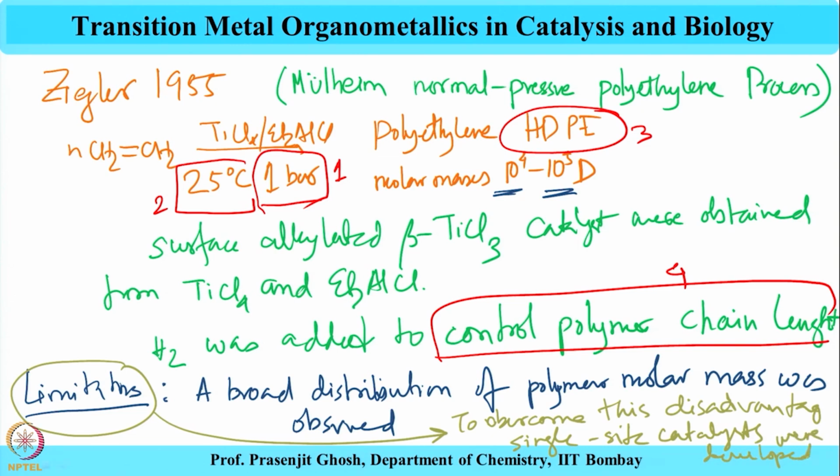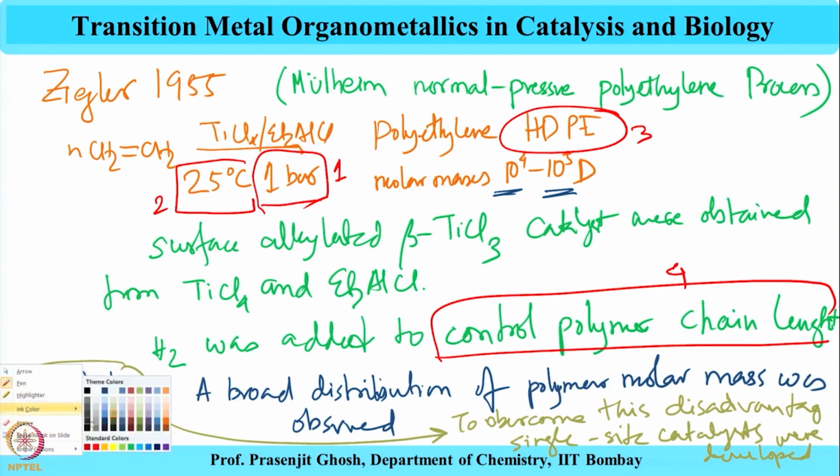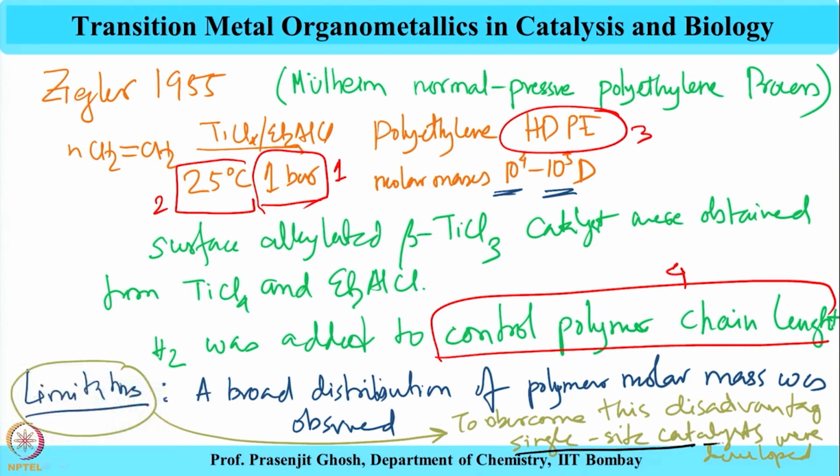And these single site catalysts would give a narrow distribution of molecular weight, and so they would give a purer, more narrow and well behaved type of polymer molecular weight.